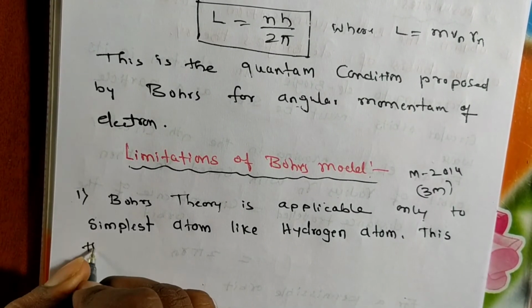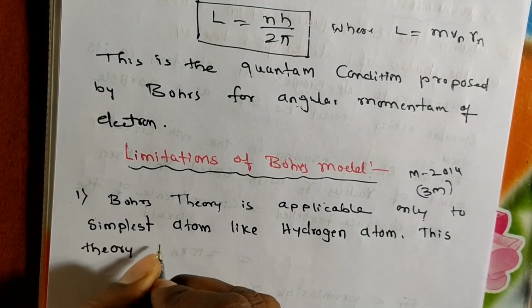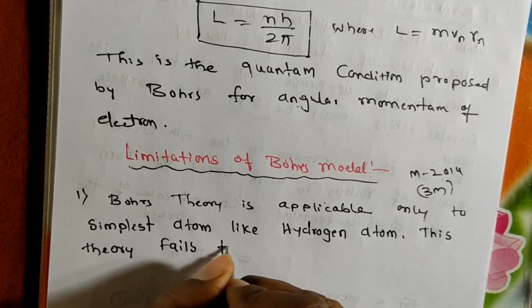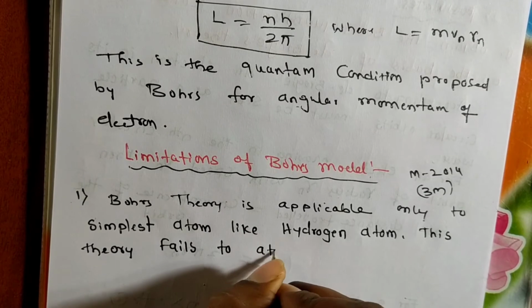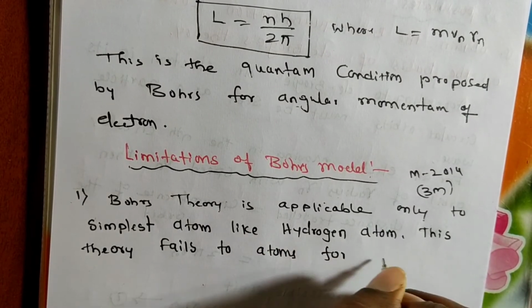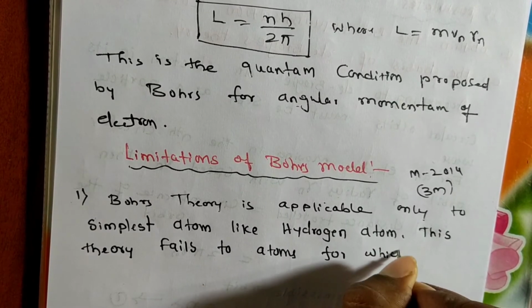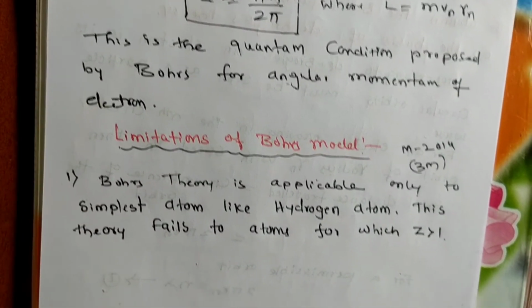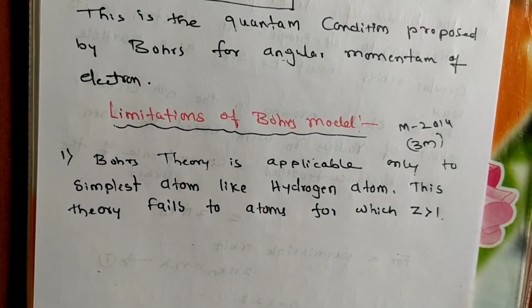This theory fails for atoms for which Z is greater than 1. This is the first limitation.